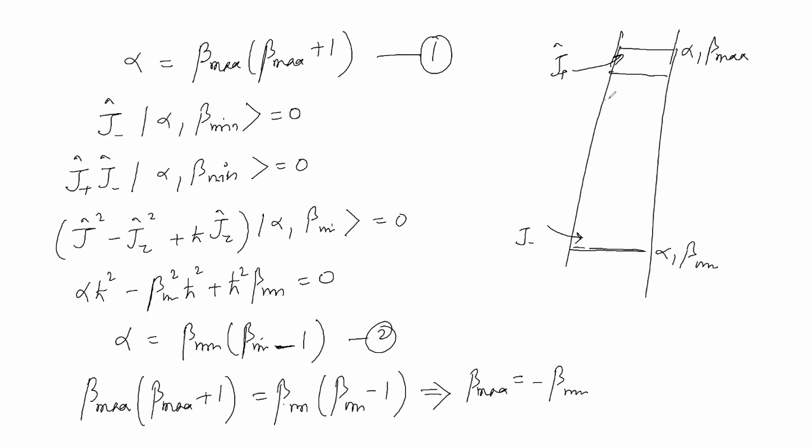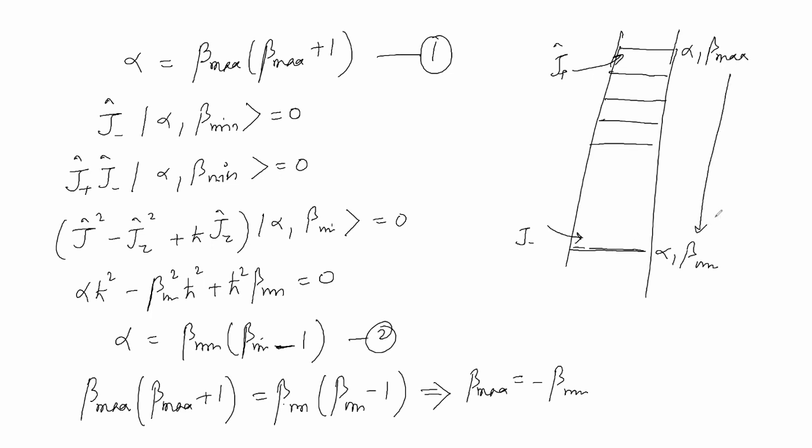That means we can move from beta max to beta min in different integer steps, and we can come down to the point beta by moving down one step, two steps, three steps, four steps, and n number of steps.